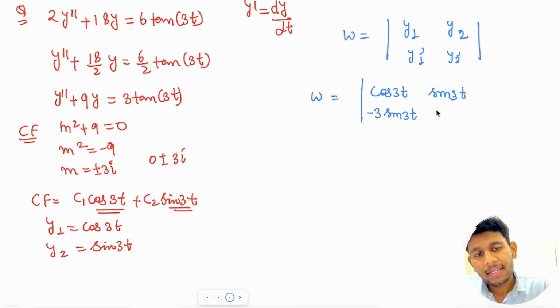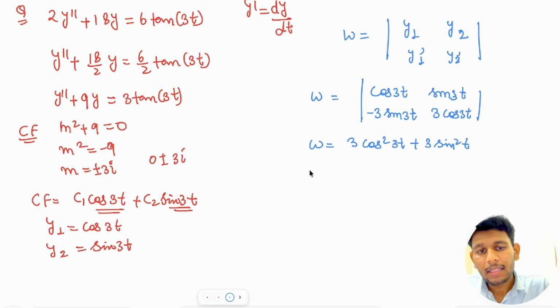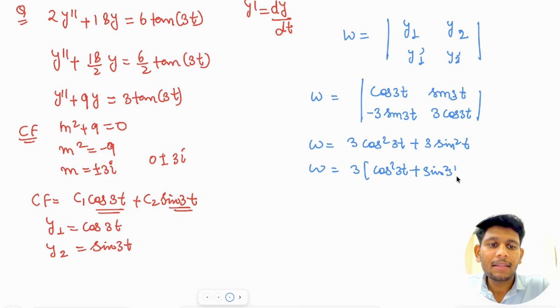Okay, and what is the derivative of this? That is 3 cos of 3t. Now you just multiply this, it will be 3 cos square 3t plus 3 sin square 3t. From here 3 will be common, so it becomes cos square 3t plus sin square 3t, which is nothing but 3 into 1. So your Wronskian is 3.